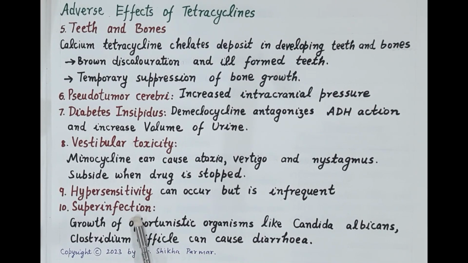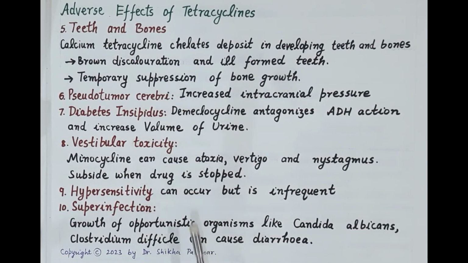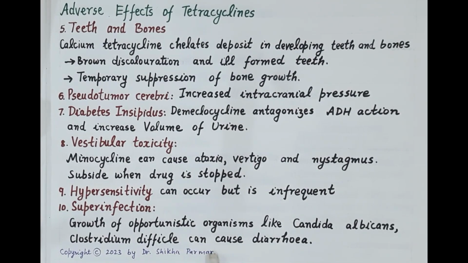That means this can cause growth of pathogenic opportunistic organisms in the colon like Candida albicans, then Clostridium difficile, and growth of these pathogenic opportunistic organisms can result in excessive diarrhea. So, these are the major adverse effects of tetracyclines.